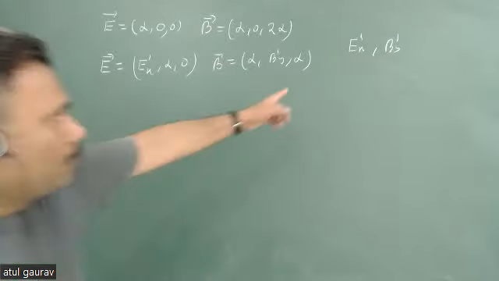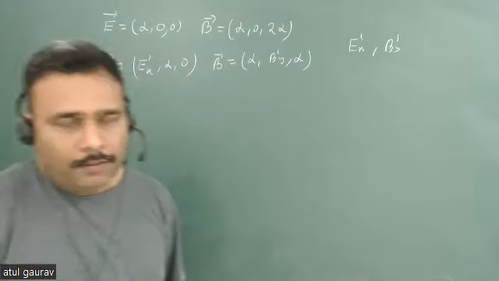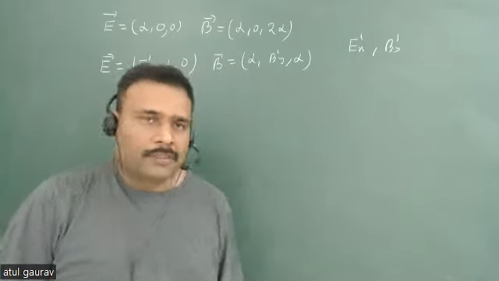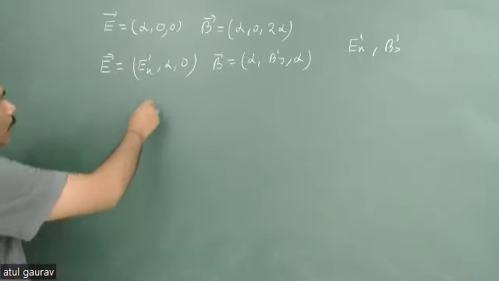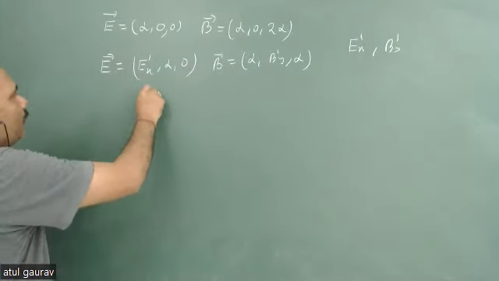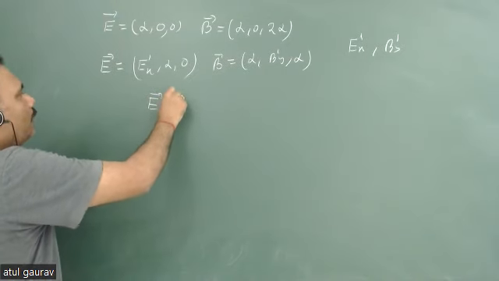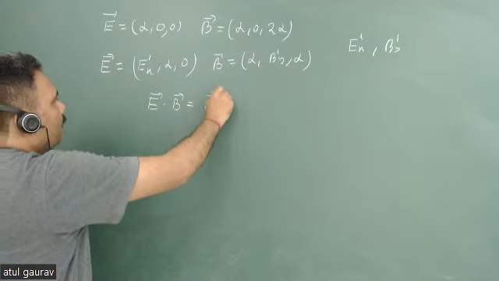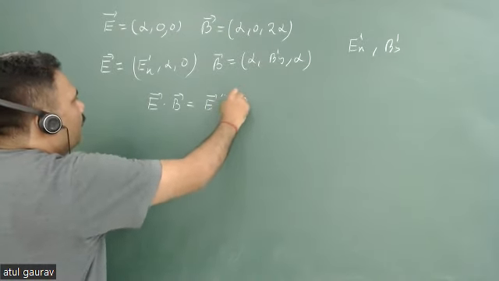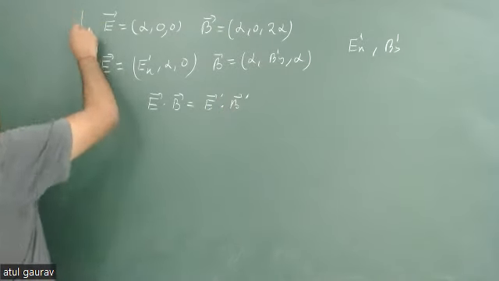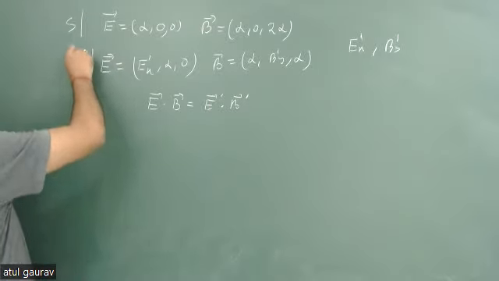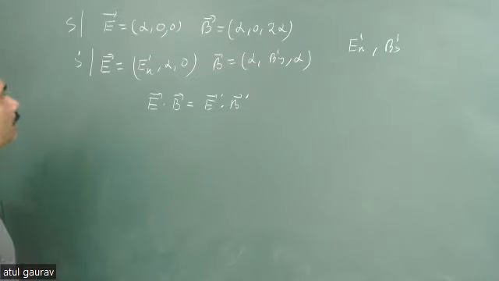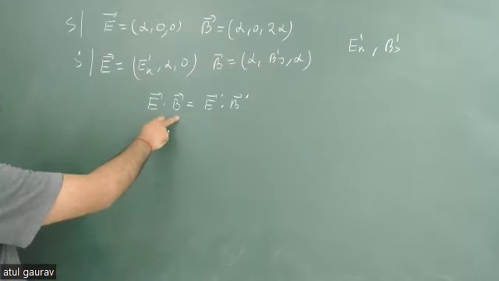So obviously 2 unknowns, so how many equations do you have to write? 2 equations. So obviously you know that E dot B is invariant. That means E dash dot B dash. And let's say this is from the S frame, this is from the S dash frame. So what is E dot B?